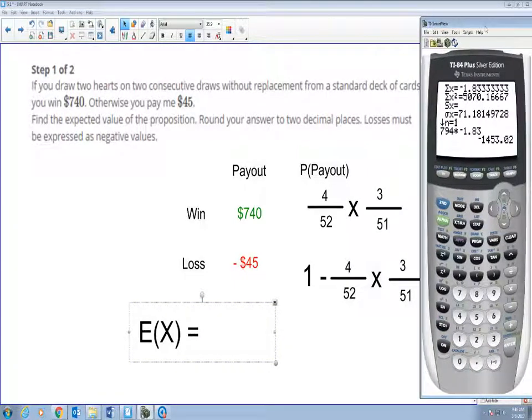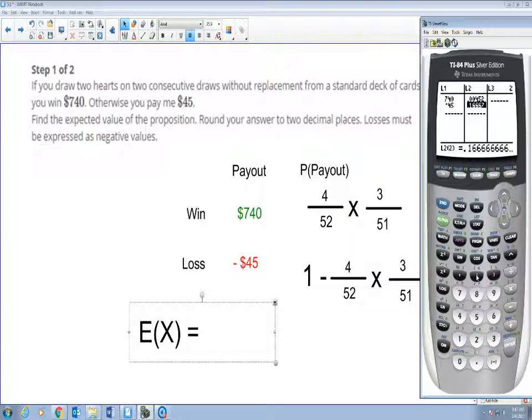Alright, let's put it in real quick. Stat calc. Alright, win 740. Or lose, that's negative 45. Alright. My probability of winning, parenthesis, 4 out of 52 times 3 out of 51.